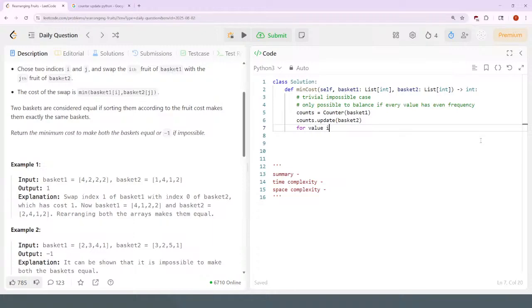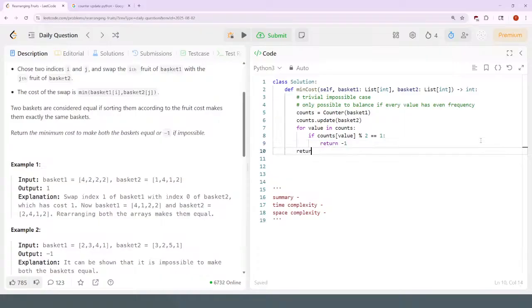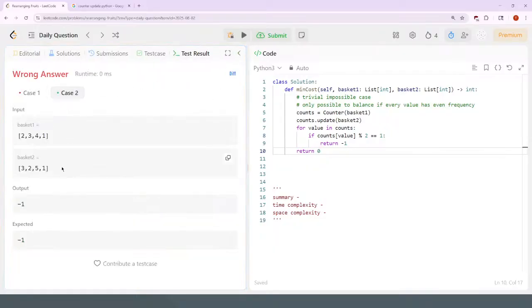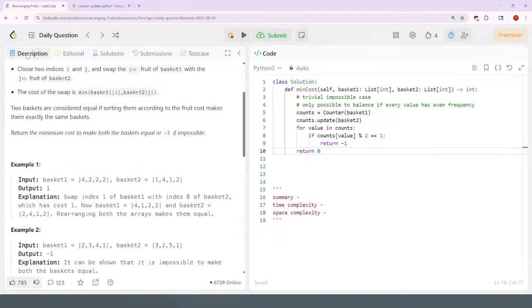For every value in counts, if the frequency of that value, which is just counts at that value, is odd, then return -1. Otherwise return 0 for the time being. Just to do a quick check on test case 2. Okay, test case 2 correctly identifies that as being impossible.